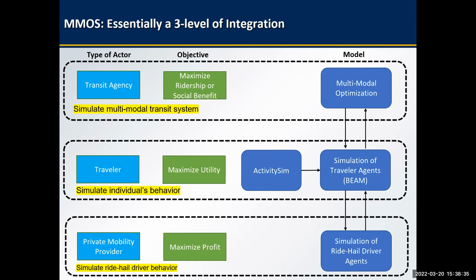This will be further explained by my colleague Hangzhou. Second is to understand the behavior of the ride hail service providers. So that's the bottom part where we are simulating the ride hail driver behavior, and Yupe will explain how we are mapping the ride hail services behavior and its operation.